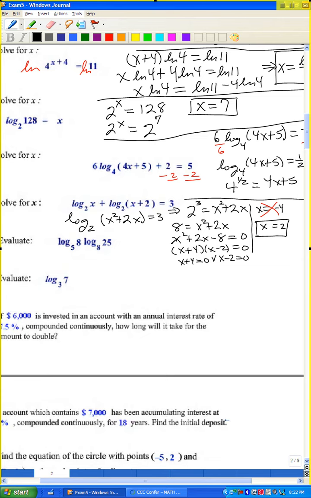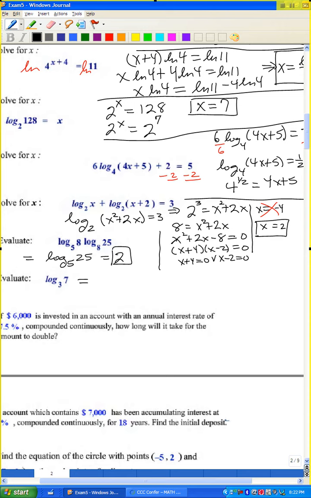Okay, so now let's evaluate this. Well, by the change of base formula, the log base 5 of 8 times the log base 8 of 25, well, this will just contract and become log base 5 of 25. The exponent of 5 that yields 25 is 2. And that's your answer.